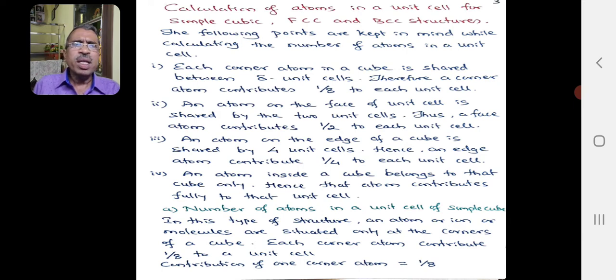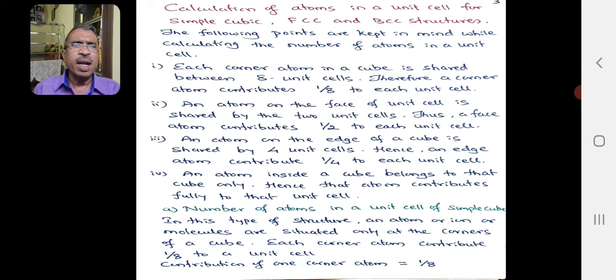Keeping all these points in mind, let us calculate the number of atoms in a unit cell of a simple cube. In a simple cube, an atom or ion or molecule is situated only at the corners of a cube.